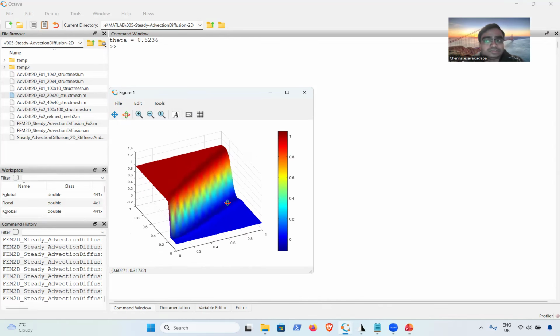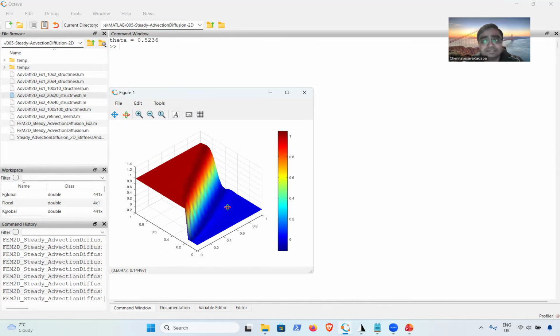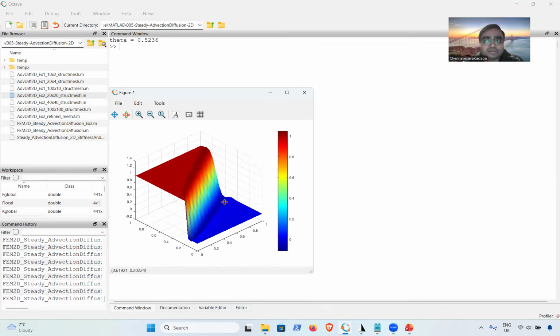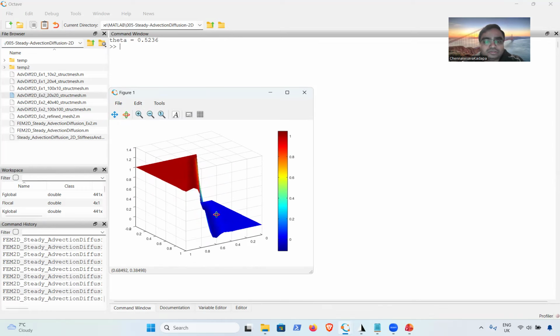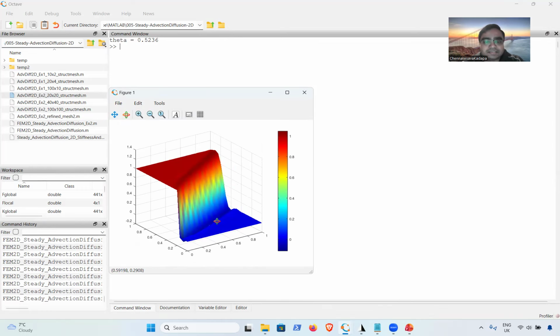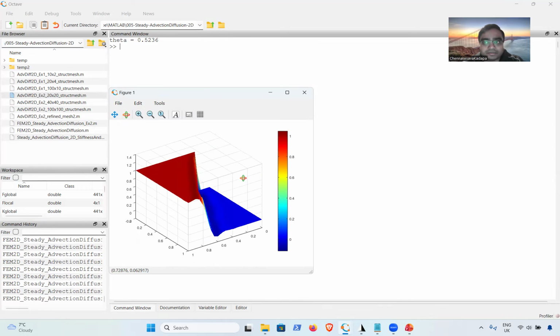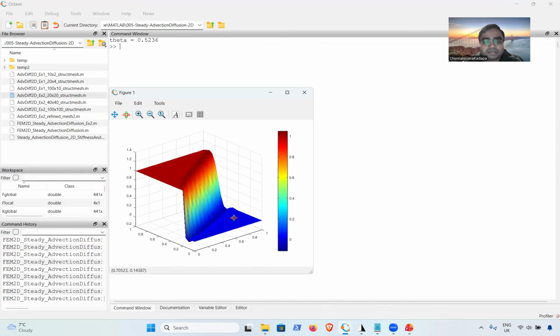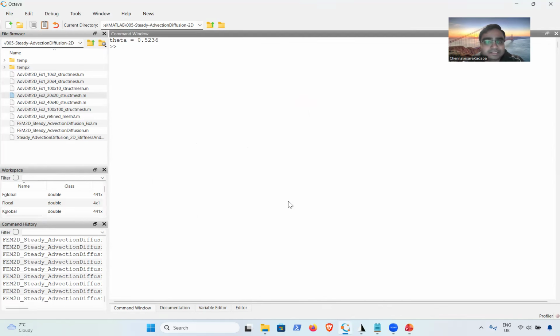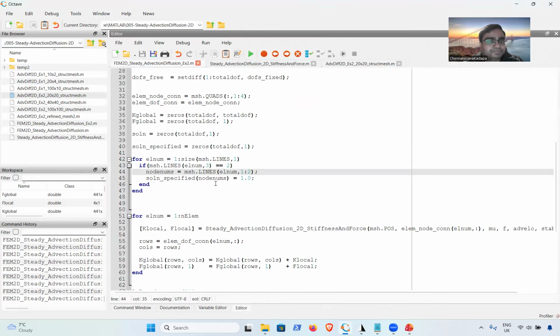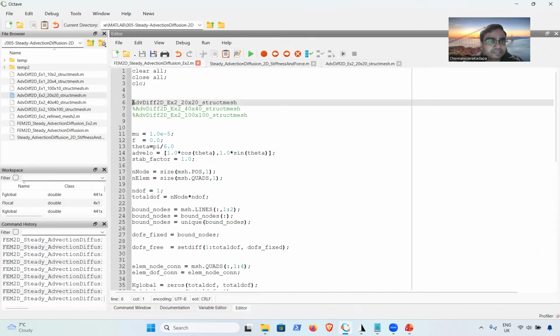Since we are using a linear formulation, it is impossible to get the solution without violating the condition that the solution is bounded. Before we discuss that further, let's use a finer mesh.